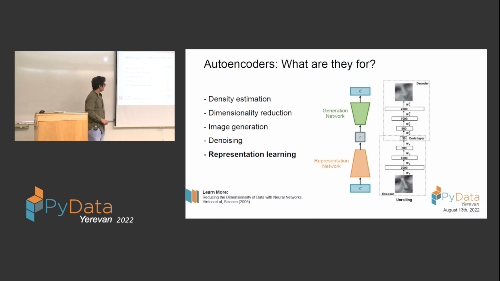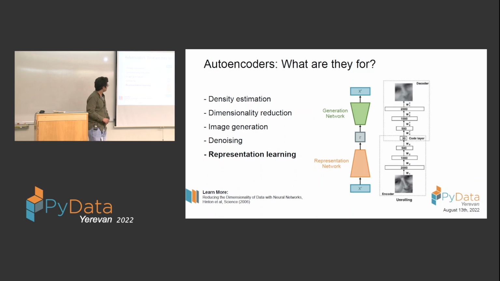Let's look at this model, which is one of the first models, in 2006, which took a human face and generated another one with some convolutions, like 2000, 1500, and there is a code layer in between with only 30 numbers, and we call it the representation.